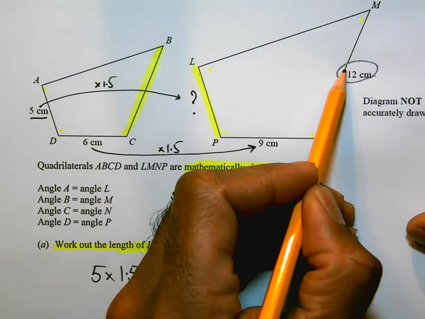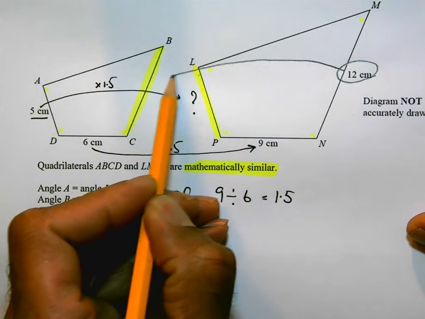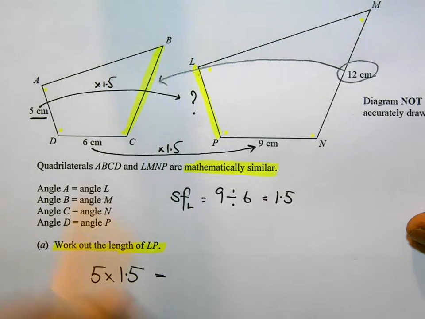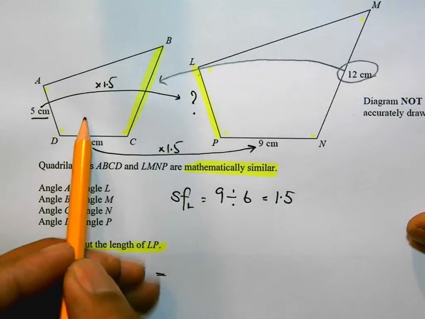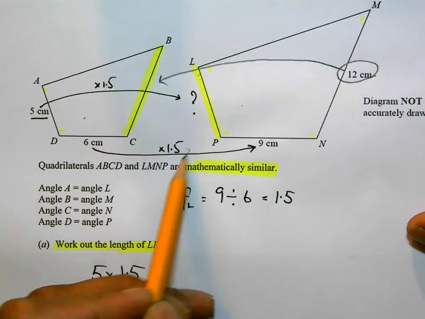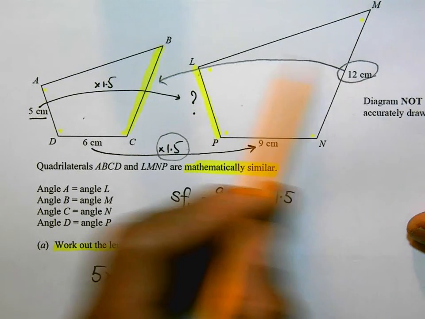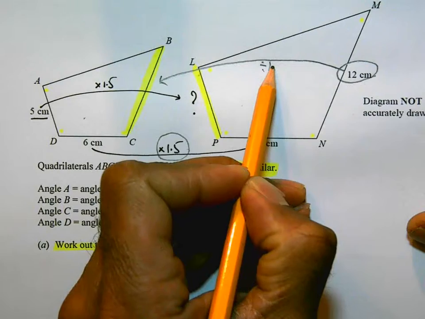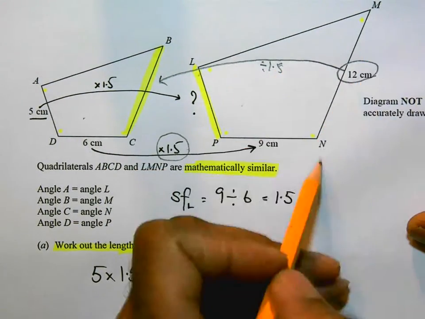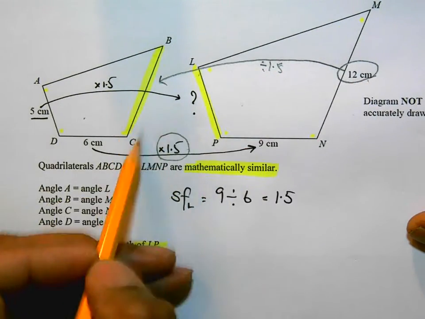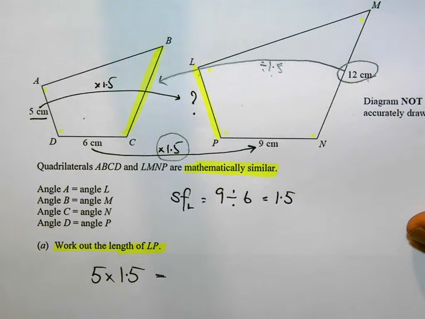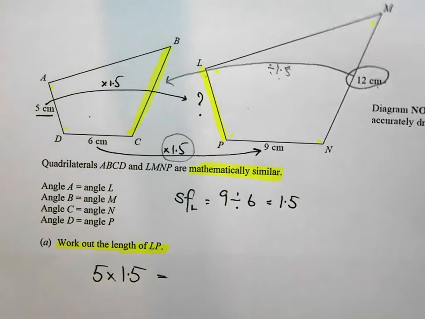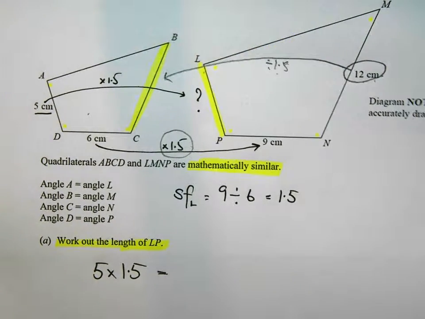So in other words, I need to do something to the 12 to get me across here. Now, because I know the multiplier going from the small to the large is times by 1.5, going backwards from the large to the small would mean to divide by 1.5. I know MN is 12, so BC is going to be 12 divided by 1.5. I'm going to show that working in my answer space and work out the answer.